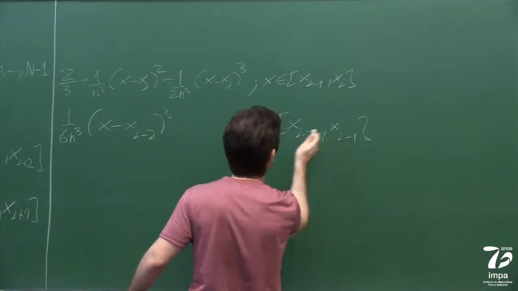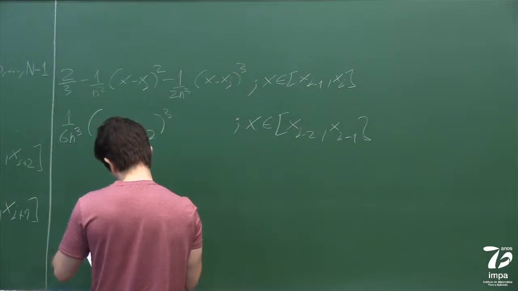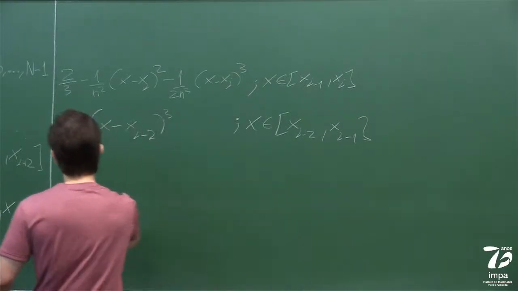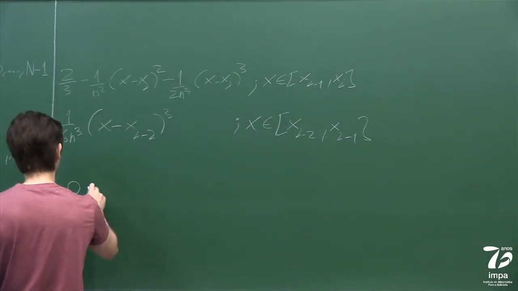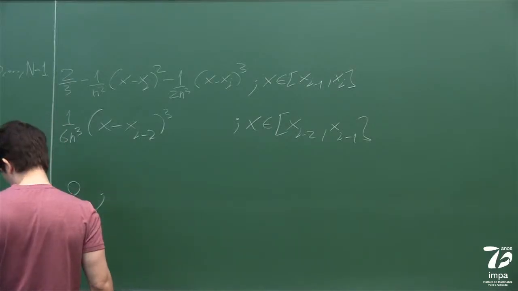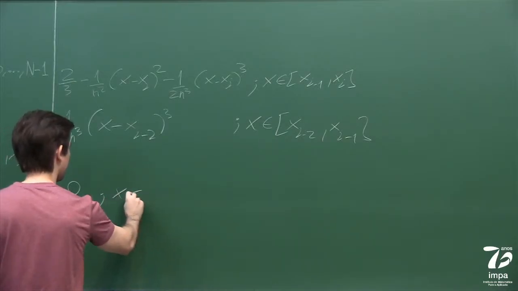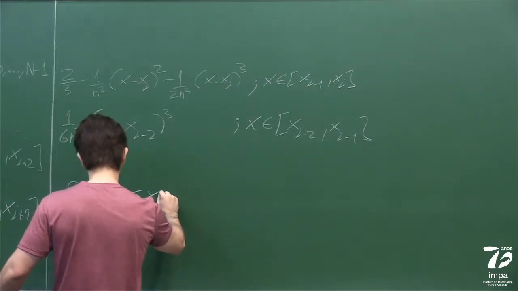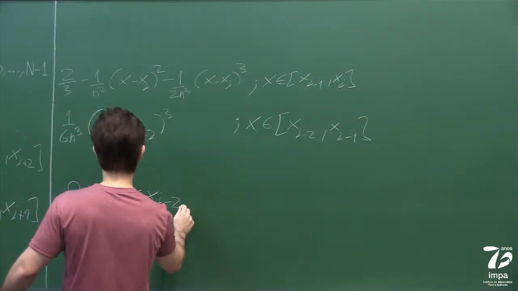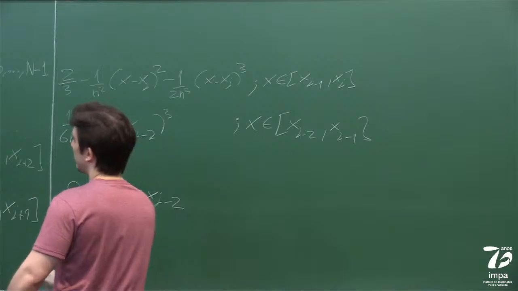So we keep moving to the left. And finally we have 0 when x is less than xj minus 2. So I hope this is clear, right?